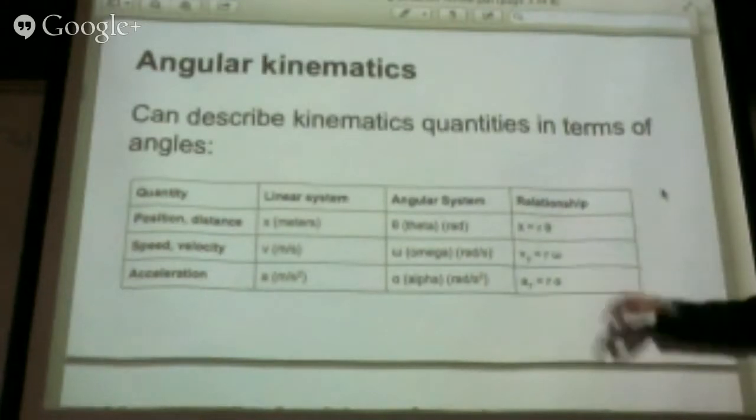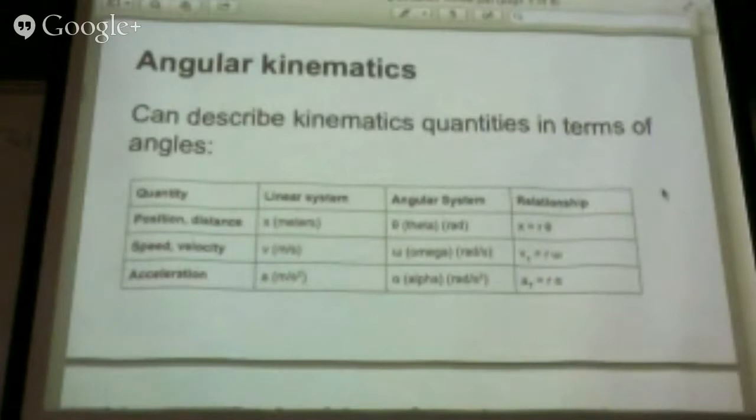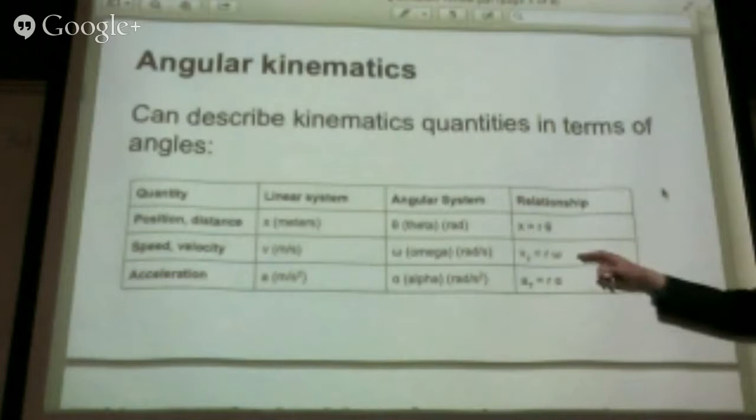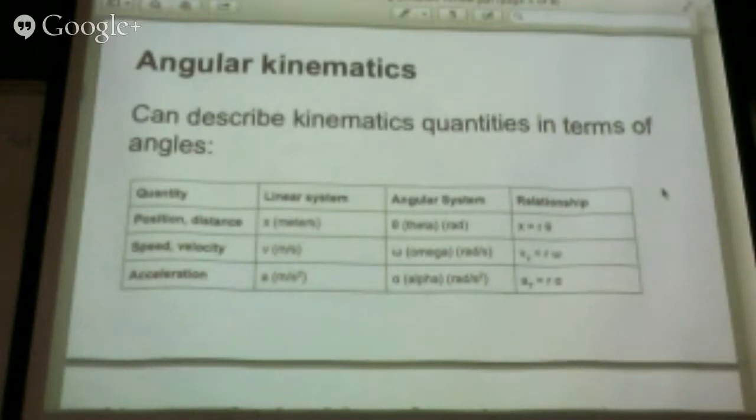So this relationship reflects that the angle times the radius in meters gets us the linear distance. The angular velocity times the radius gets us the linear velocity. The angular acceleration times the radius gets us the linear acceleration.